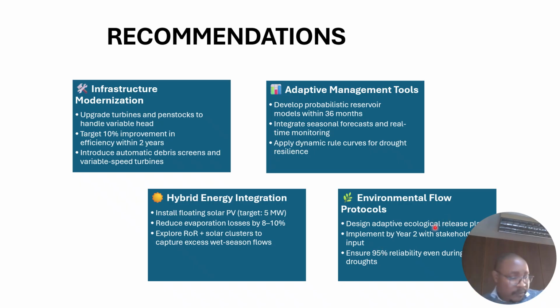Then on the environmental protocol, design adaptive ecological releases, which should be implemented within 2 years by all the stakeholders involved, and ensure at least 95% reliability even during dry seasons.